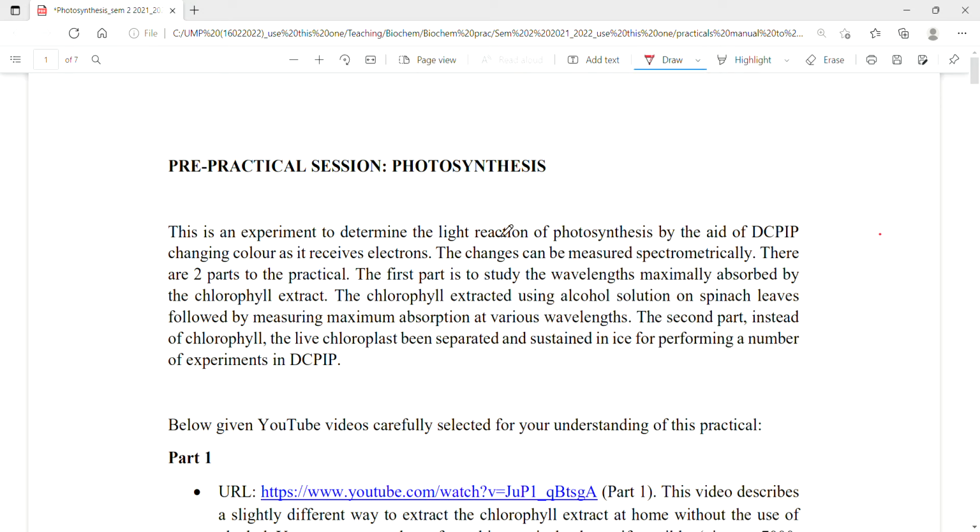So this is on photosynthesis. It involves the metabolic pathway of photosynthesis, which will also be covered in theory. Basically, photosynthesis involves two types of pathway, the light reaction pathway as well as the light independent pathway, or Calvin cycle.